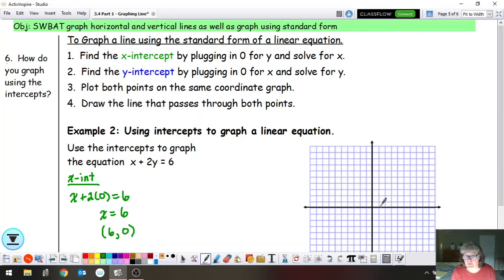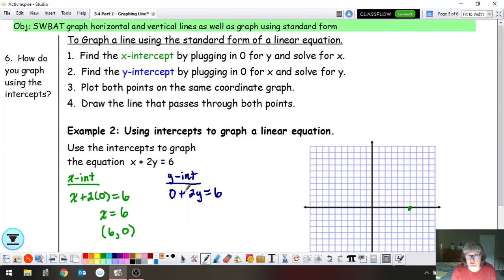And I can plot that point on my graph. 1, 2, 3, 4, 5, 6. There's my x-intercept. To find the y-intercept, we're going to plug in 0 for x. So for the y-intercept, 0 for x, so we have 0 plus 2y equals 6.